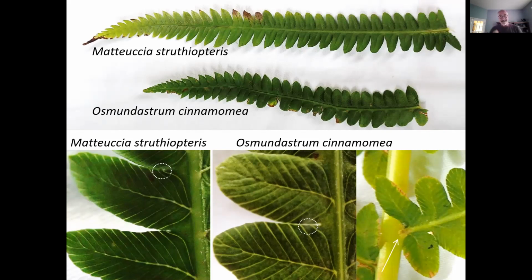You need a hand lens to see that tuft. And the second is, they're not always that cinnamony, right? They often are kind of a cinnamon color as they mature. But as you can see from my photo, often they're kind of a translucent color and not very easily seen. But there is always a tuft there if you look for it. Oh, I should be careful here. There's usually a tuft.